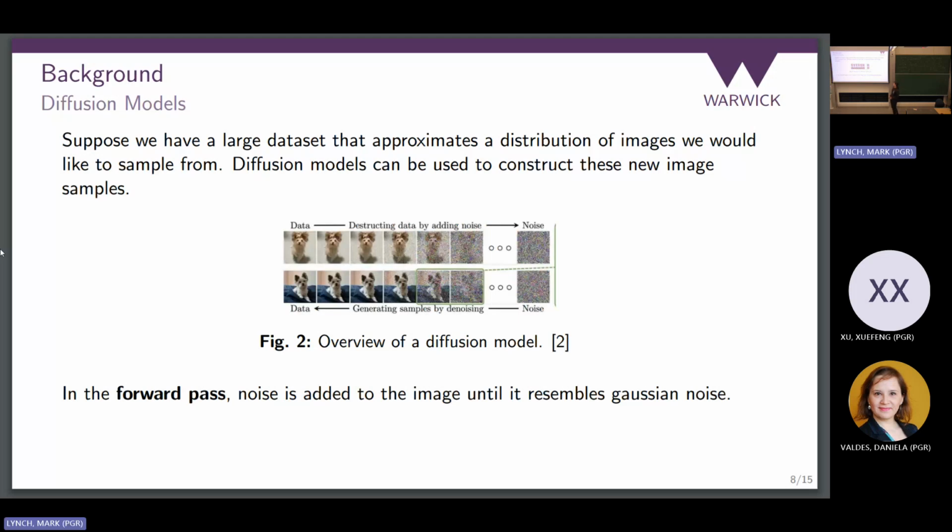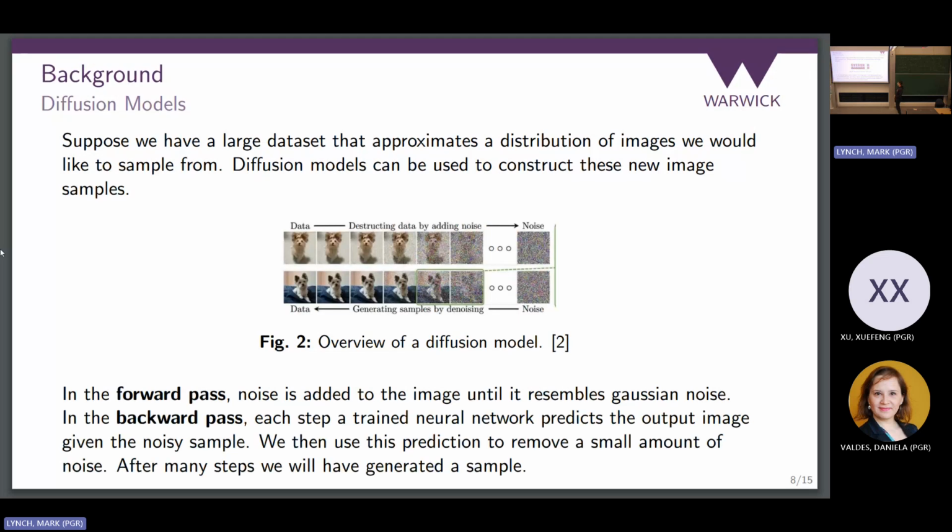And then the interesting part of the diffusion model is the reverse path. How do we go from noise back to a clean image? The way we do this is we take lots of steps, and at each step we have a neural network that can take in a noisy image and predict the clean image. We use this prediction to remove a little bit of noise at each step, and eventually we end up with a clean image.